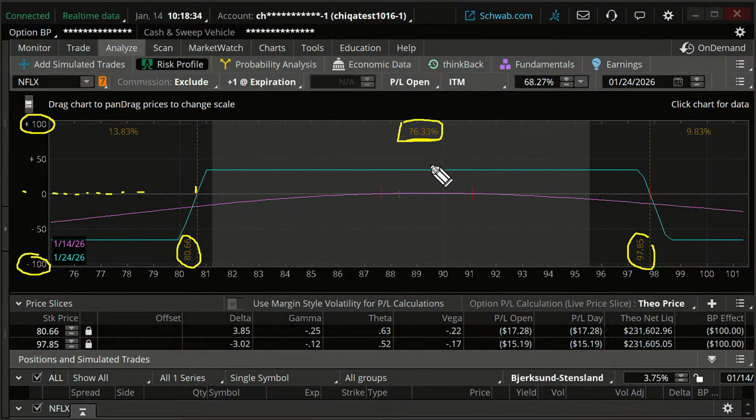But there's a downside. Notice the break-even point and the distance between our max gain and that break-even point, versus the distance between the break-even point and our max loss. There's a bigger difference there, right?